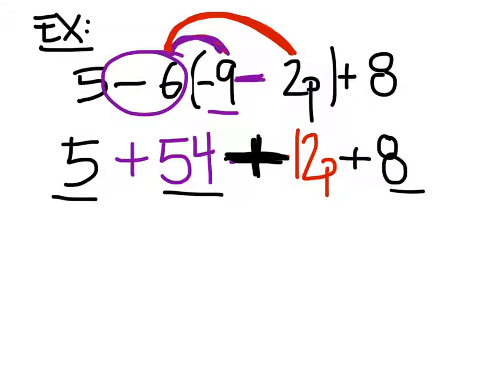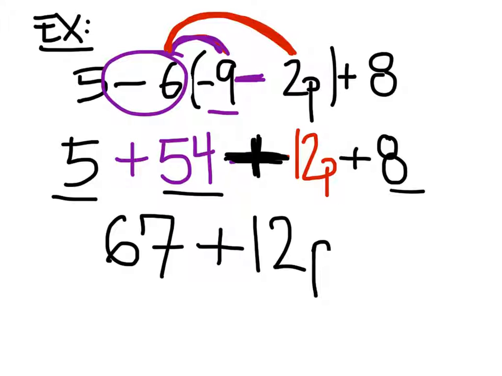How many coins total is that? 67 coins. And how many bags? 12 bags. Done.